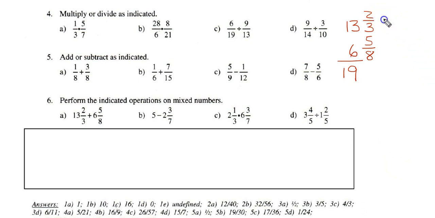But now, to add these two, I have to have a common denominator here. Well, notice, 3 is prime, and the factors of 8 are 2 and 4. So 3 times 8 is 24. That will be our common denominator.